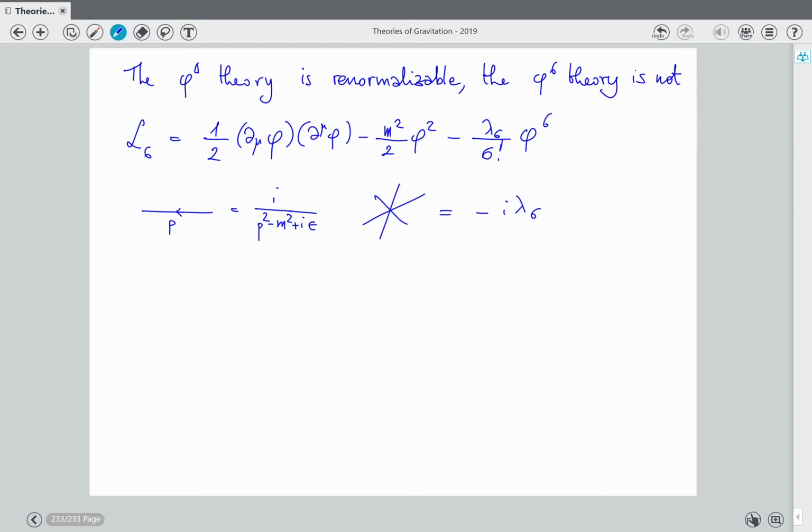Let's consider a very simple diagram built like this. These are two vertices with 6 legs. 1, 2, 3, 4, 5, 6. 1, 2, 3, 4, 5, 6.